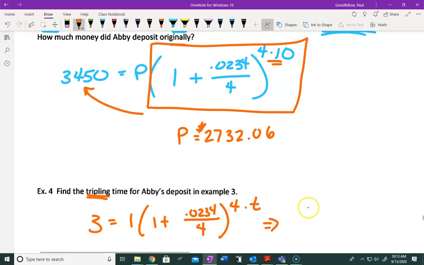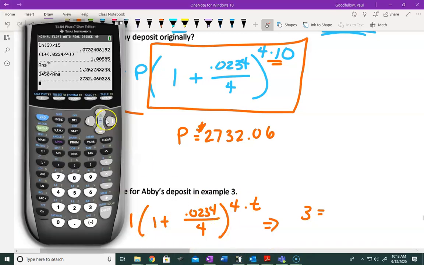Now, in essence, we're really dealing with 3 is equal to, because the 1 divides over on the other side. I'm going to grab my calculator to look at that base value. The base value when we did it was this 1.00585. That's going to be this 1.00585 number that's right here, raised to the 4t.